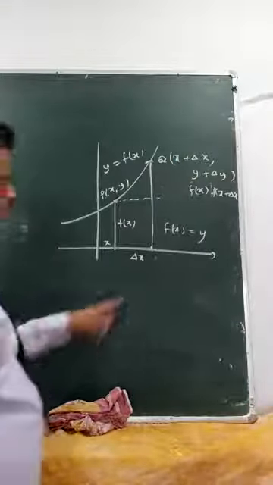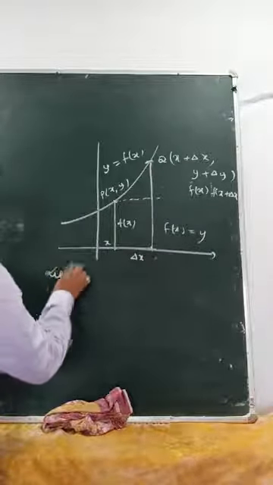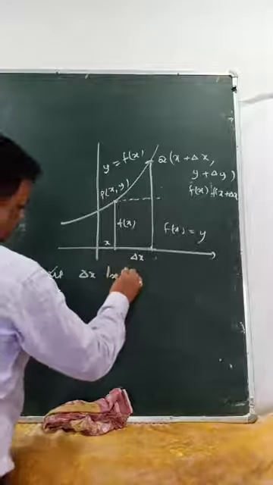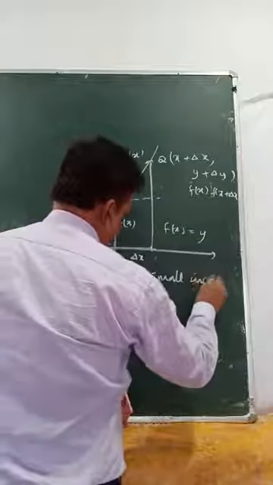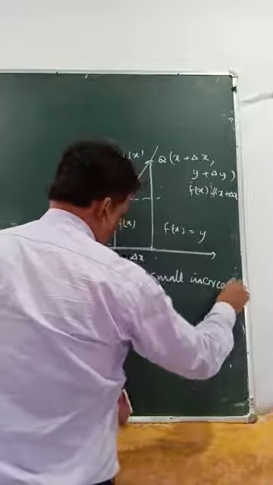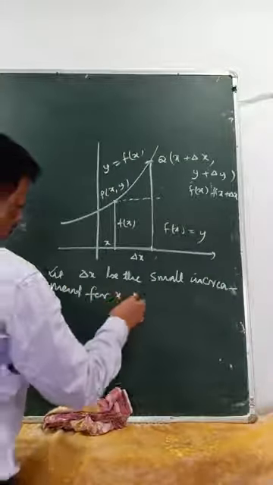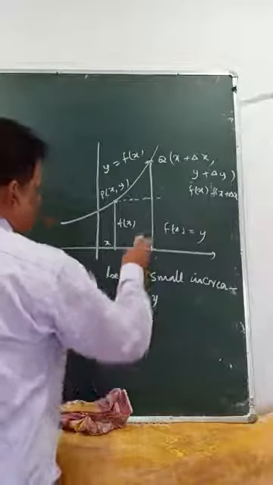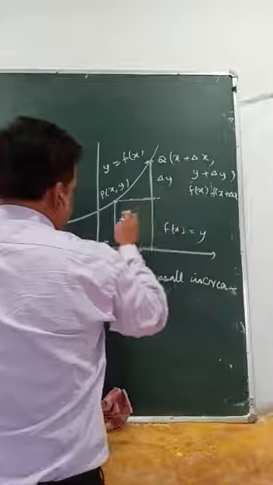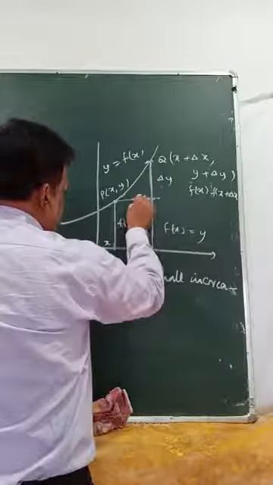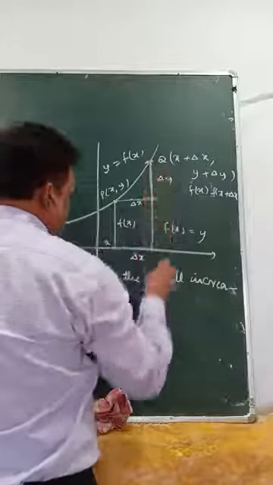Now let me write down the two points here. Let delta x be the small increment for x, and delta y, this part here, be the corresponding increment of y, because if x is changed by delta x, then y is changed by another increment, delta y.